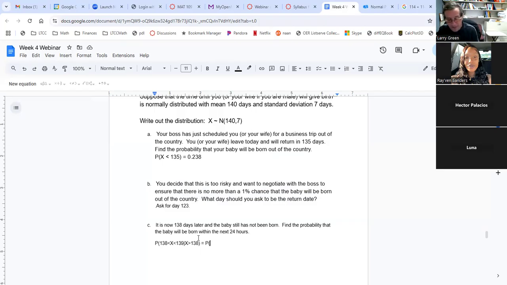So that's the probability of being between 138 and 139 divided by the probability of being greater than 138. Any questions?